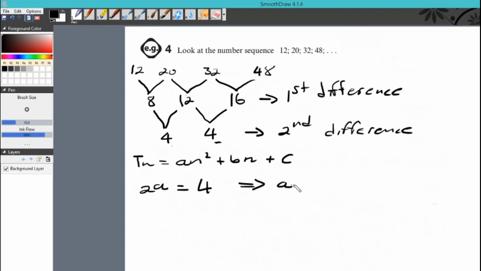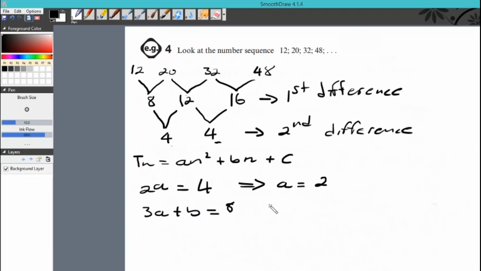A is equal to 2. And then we have 3a plus b is equal to 8, right? We can substitute a as 2 in this equation and solve for b.